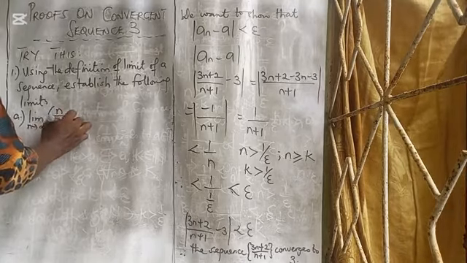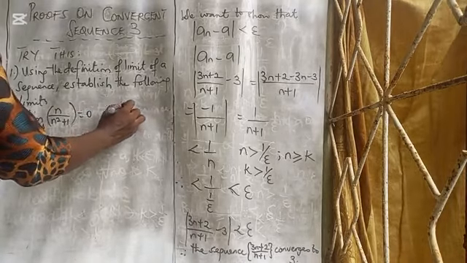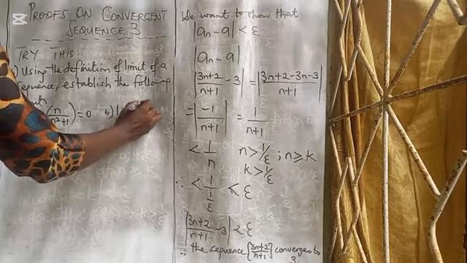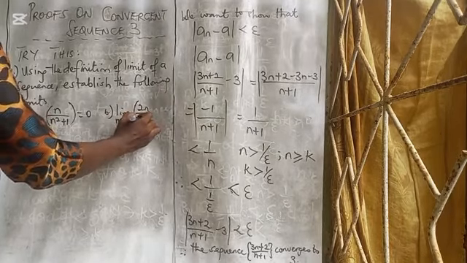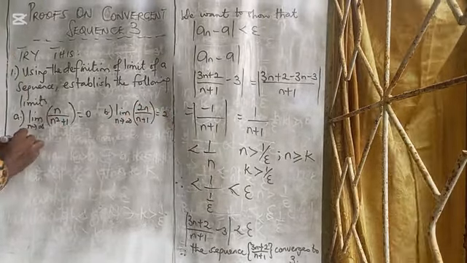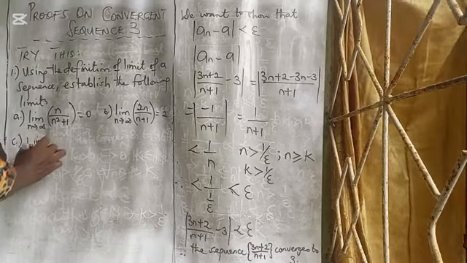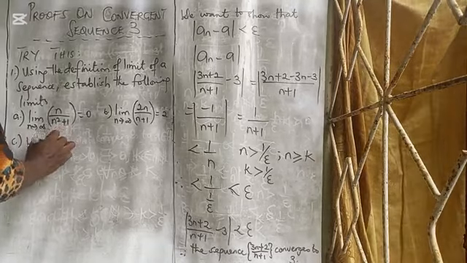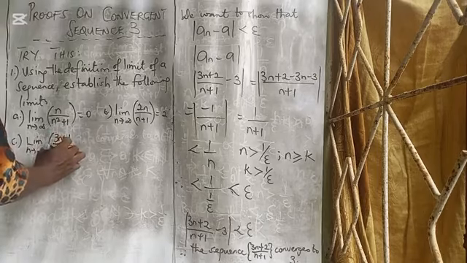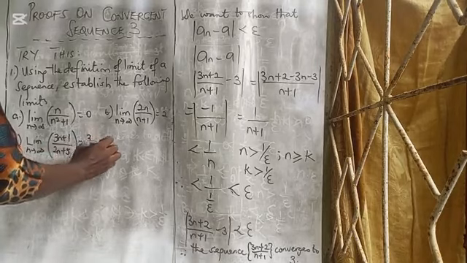The limit of n over n squared plus 1 is equal to 0. Limit as n tends to infinity of 2n over n plus 1 is equal to 2. Limit as n tends to infinity of 3n plus 1 over 2n plus 5 is equal to 3 over 2.